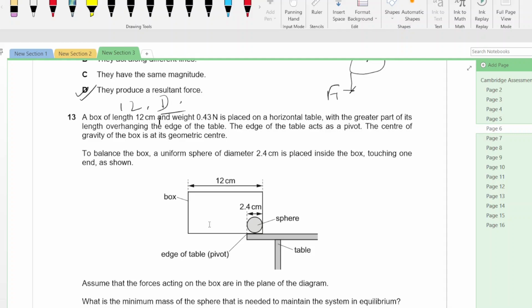To balance the box, a uniform sphere of diameter 2.4 centimeter is placed inside the box, touching one end as shown. Assume that the forces acting on the box are in the plane of the diagram.